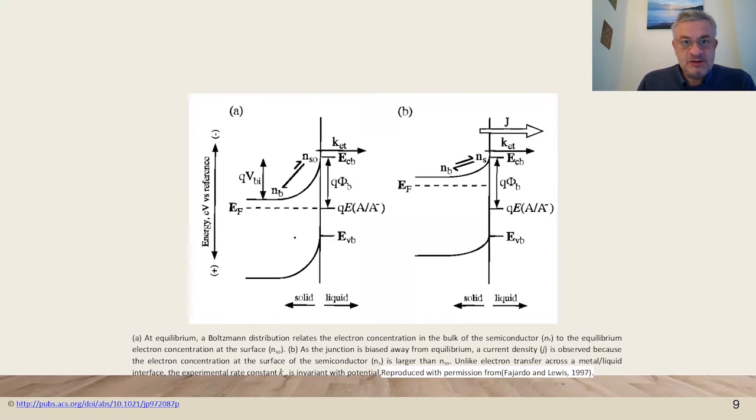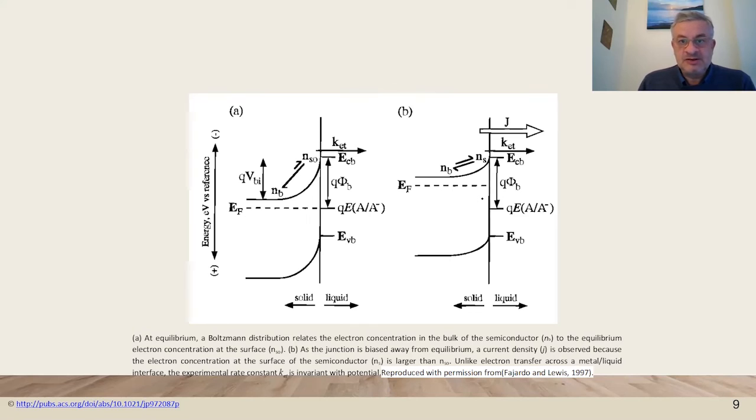This is a diode by a semiconductor electrolyte junction. And here we have an increase of the Fermi levels of the majority carriers. So we will have more injection into the electrolyte, and then the current increases.